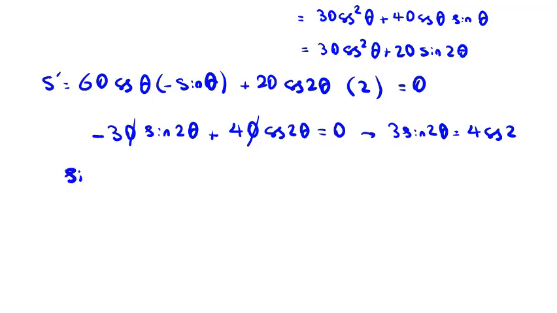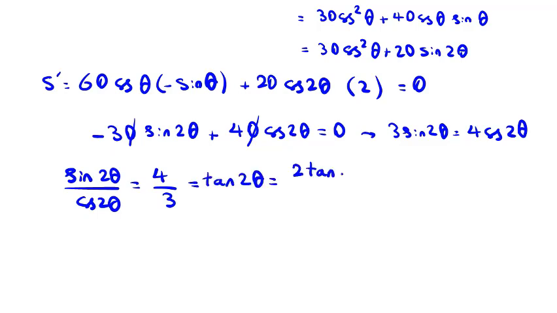The formula for tangent 2 theta is 2 tangent theta over 1 minus tangent squared theta. You can consider tangent theta as x. So 4 times 1 minus x squared equals 3 times 2x, 6x. So we divide by 2, it will be 2, it will be 3. And then take all things to the right hand side, it will be 2x squared plus 3x minus 2 equals 0.